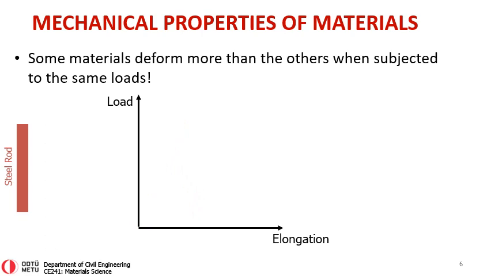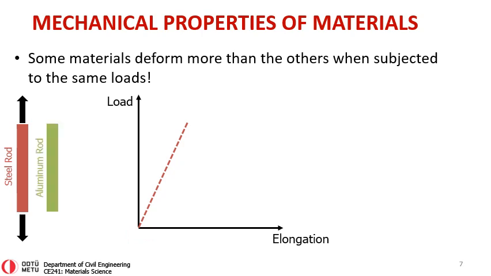Let's pick a steel rod. If you are pulling a steel rod uniaxially, longitudinally, the deformations will be linear, at least for a while. You will see later on that it's more complicated than that.